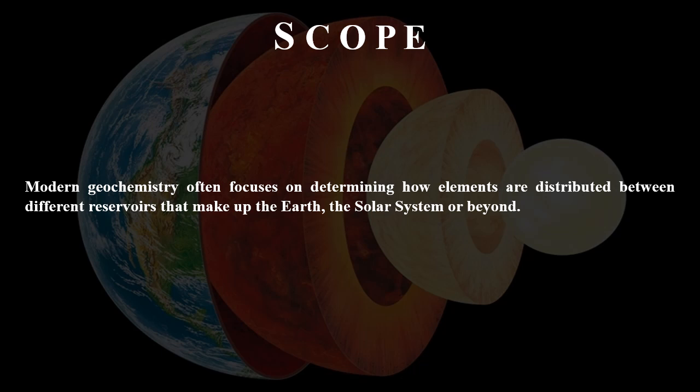Indeed, the flux of chemical species between these reservoirs, both in the past and at present, as well as in the future, provides an important constraint for modeling the past and predicting the future.